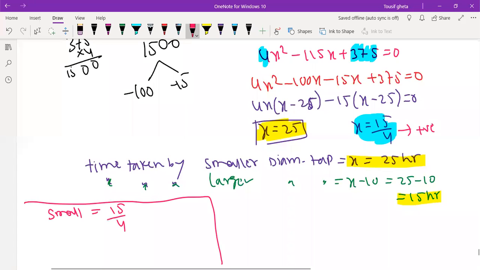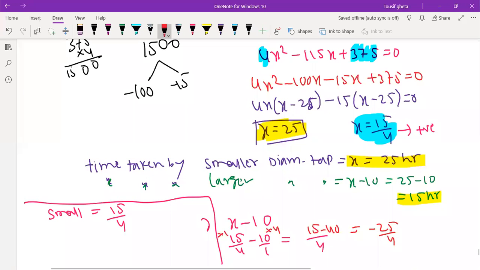For larger diameter, what will you take? Usually we take x minus 10, correct? So 15 by 4 minus 10. You take LCM 4, so we get 15 minus 40, which is minus 25 by 4. So larger diameter would take minus 25 by 4 hours. So we will not take this one, because for larger diameter we get minus.